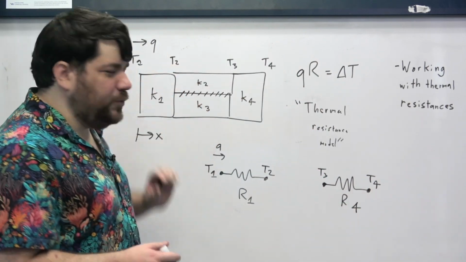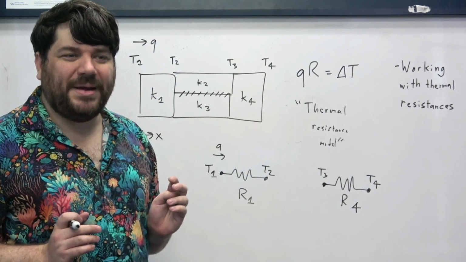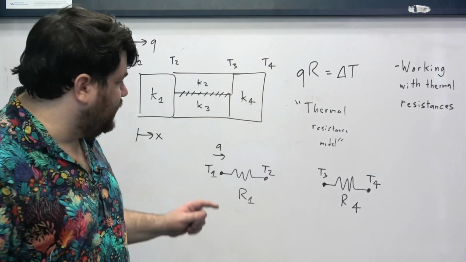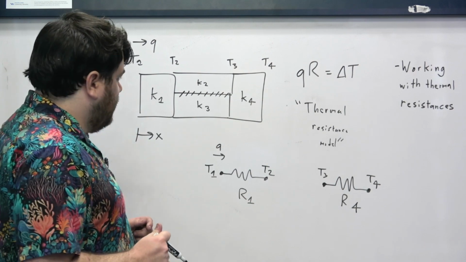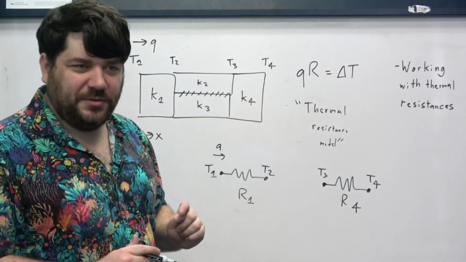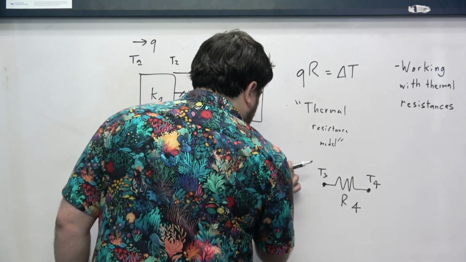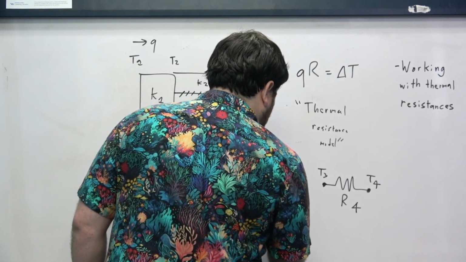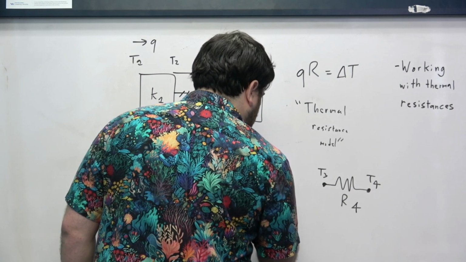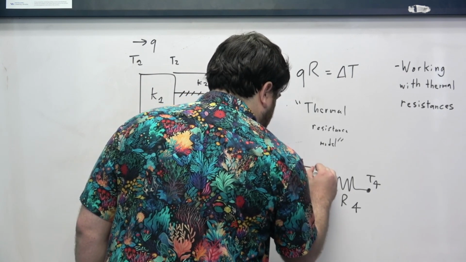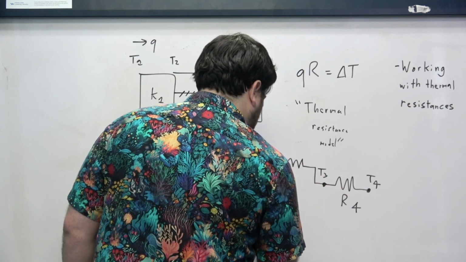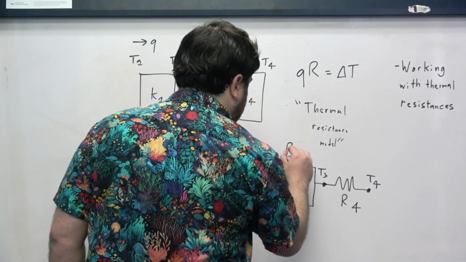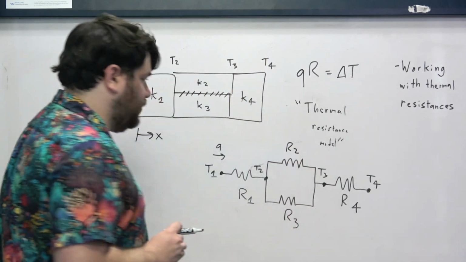But what do we do with this and this? Well, these two chunks can be modeled as parallel resistances, all right? Two different branches, like the circuit branches off into two different pieces where some of the Q goes in one part and some of the Q goes in the other. From the perspective of modeling it in analogy to electrical systems, we would get something that looks like this. Where this, let's say, is resistance 2, and this is resistance 3.